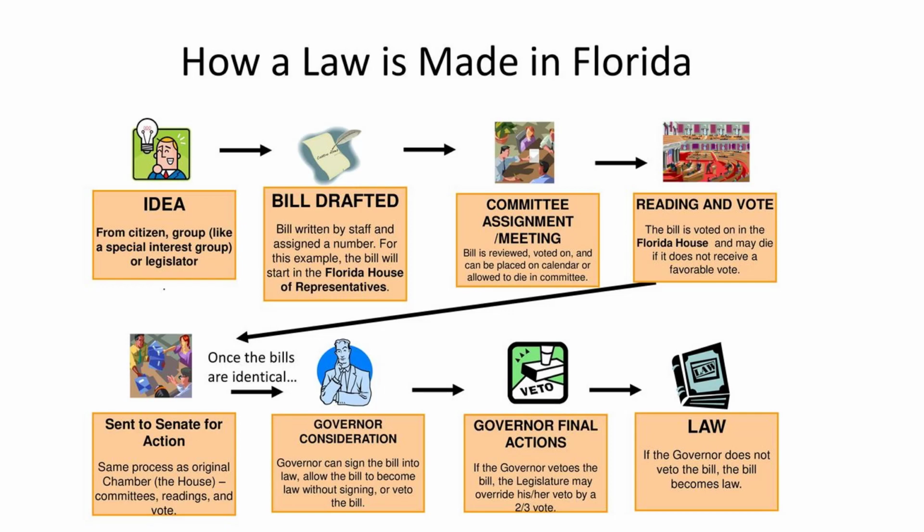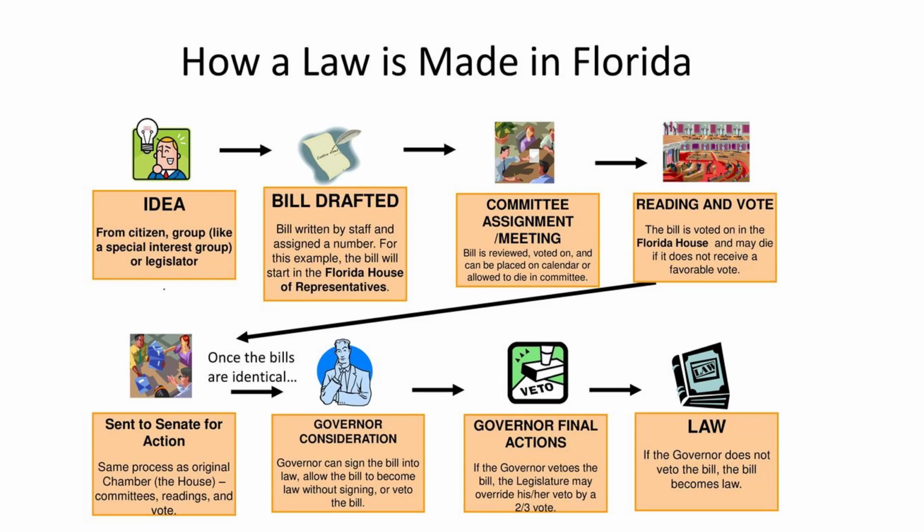Once the bills are identical and they've reached a consensus, it is then sent to the governor for consideration. And the governor can sign the bill into law, allow the bill to become a law without signing it, or the governor can veto the bill.